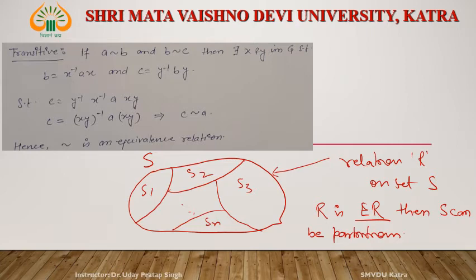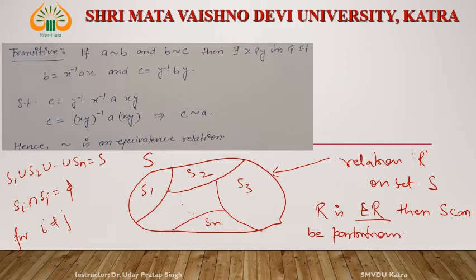This partition says that S1 union S2 and so on union Sn is S, and Si intersection Sj is equal to phi for i not equal to j. This is the meaning of partition.